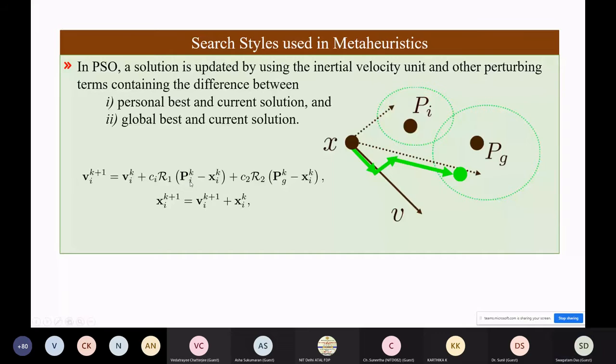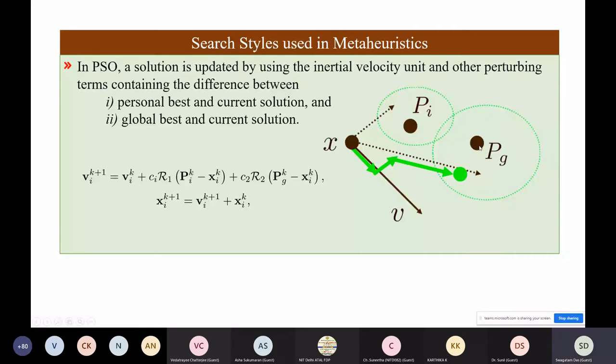P_i is the so far encountered best location by the particle, and the current location has an attraction term towards this P_i. Also, it is attracted by the global best, or the neighborhood best, which is the best point discovered so far by the entire swarm or by some neighborhood of it.